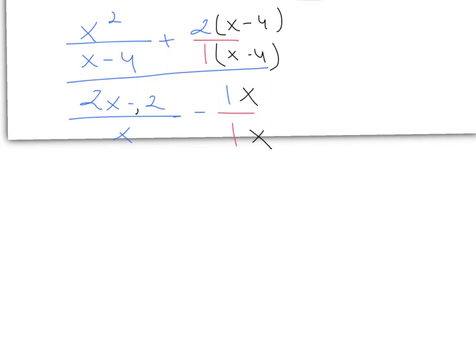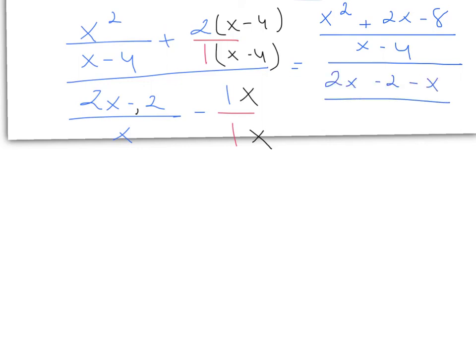Let's get some space. So now we have the same common denominator. Here we have x squared plus 2x minus 8 over x minus 4, over 2x minus 2 minus x over x. We can still work on this one here.